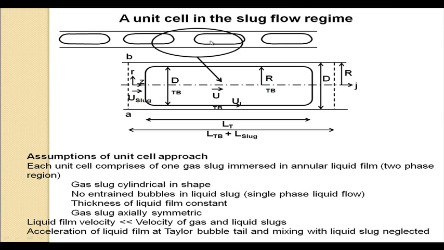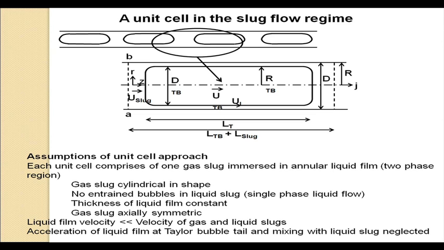Now, since in microchannels there is a decreasing effect of gravity and an increasing effect of surface tension, therefore, the assumption of axially symmetric gas slugs and constant thickness of the liquid film are justified. And naturally, the other assumption is the liquid film velocity is much less as compared to the velocity of the gas as well as the liquid slugs.